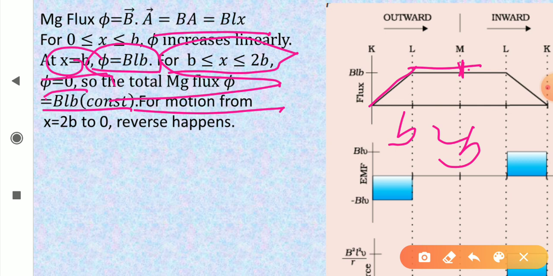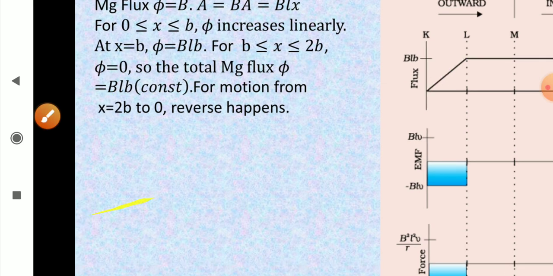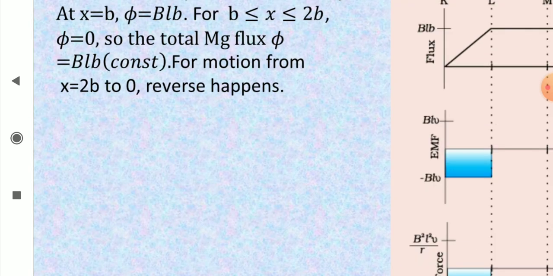This is the outward motion, and in the same graph the inward motion is also shown. From 2b to b, the flux is constant, and then from b to 0, the flux reduces to 0. So on the same graph, two motions are shown. Here what I have written is, for motion from 2b to 0, the reverse happens.